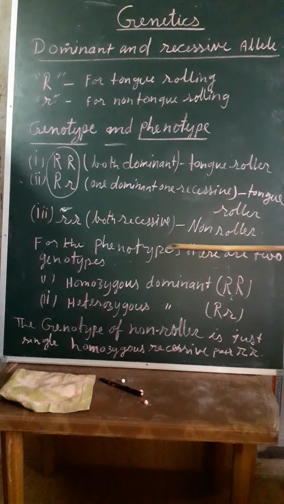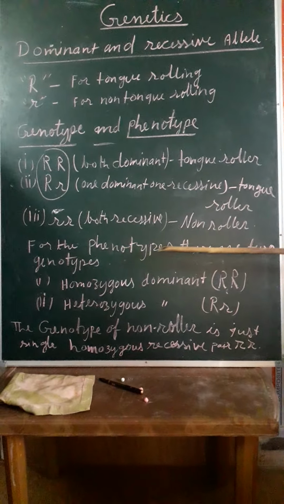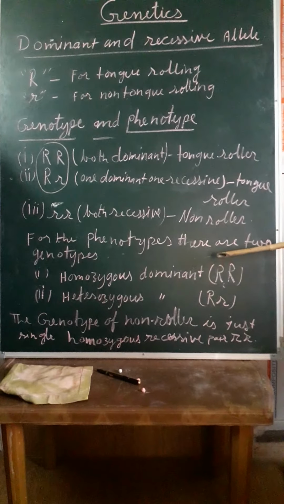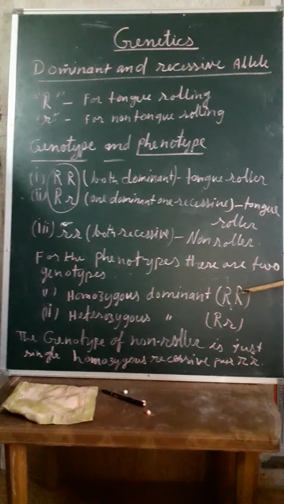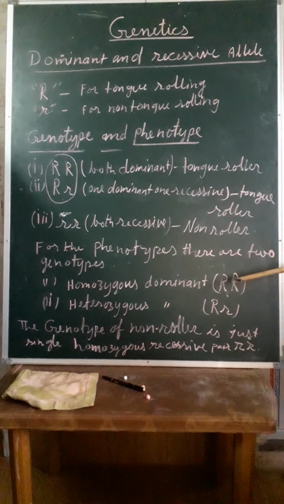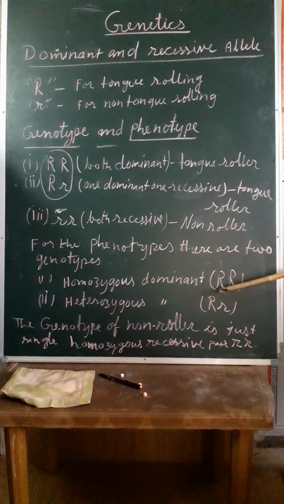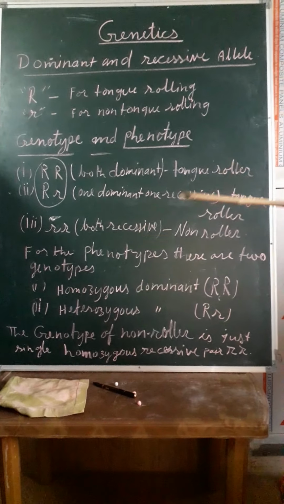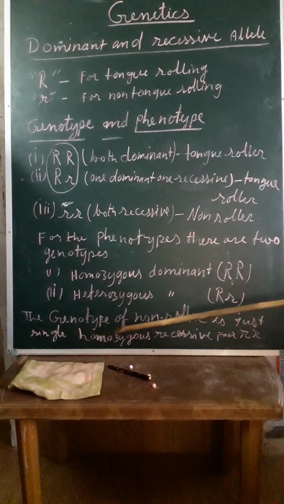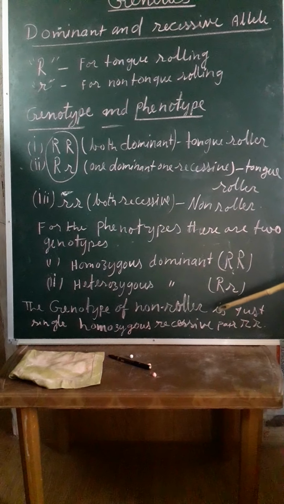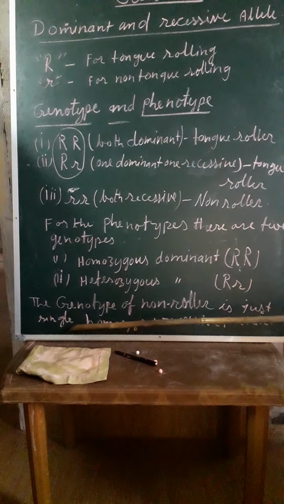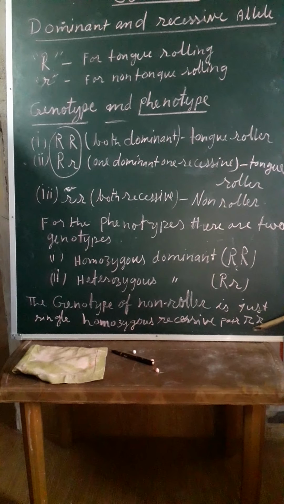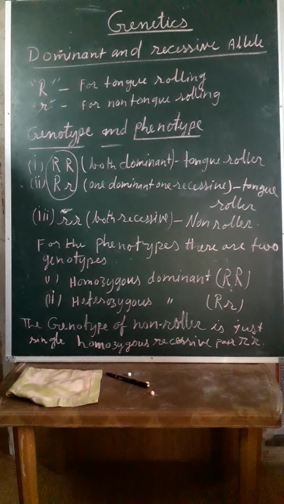So these are the two genotypes for the tongue roller phenotype. The genotype of a non-roller is just a single homozygous recessive pair, that is small r and small r.